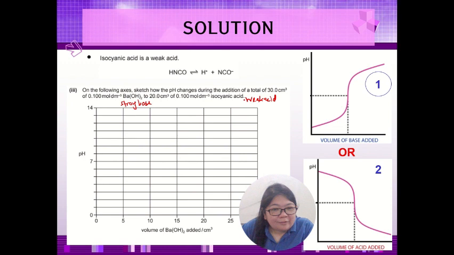And again, you are adding strong base to weak acid. So again, this weak acid is in the conical flask and barium hydroxide in the burette. So you should again get a curve with the shape of number 1, because it starts with acid and ends with a base.